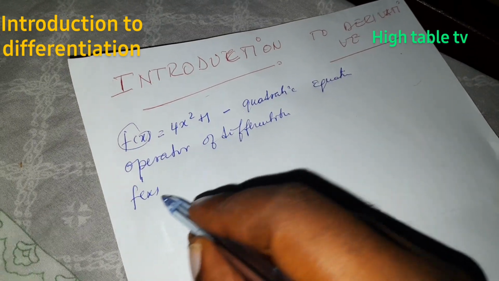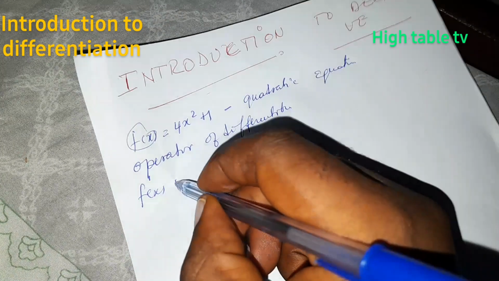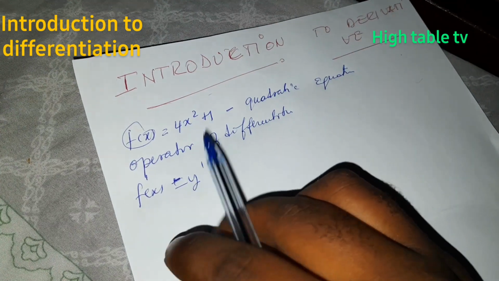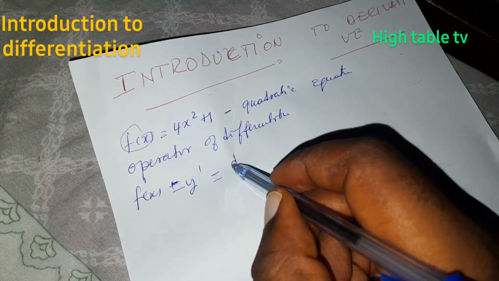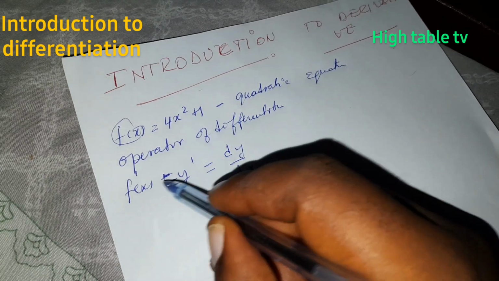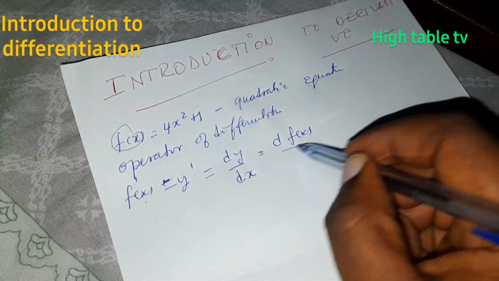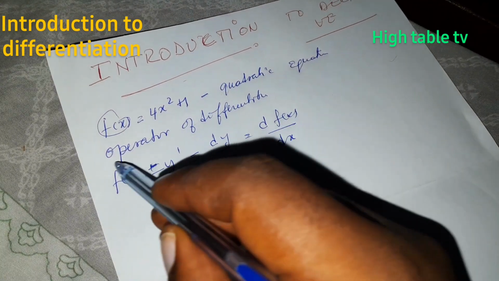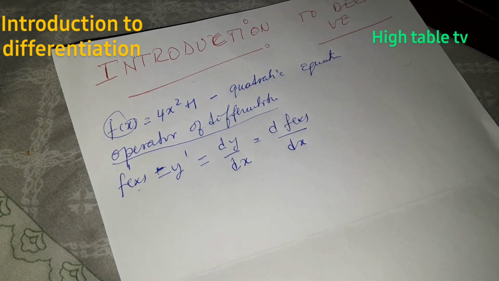It can also be taken as the derivative of y with respect to the unknown variable x, or written as df(x) over dx. These are the operators of differentiation.